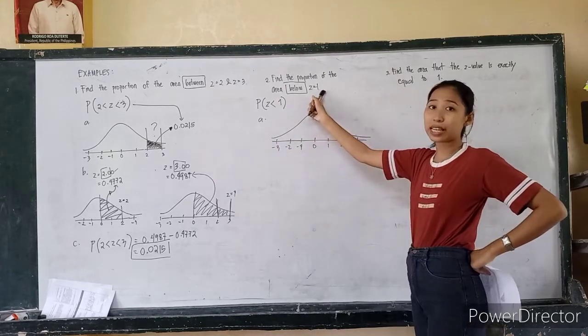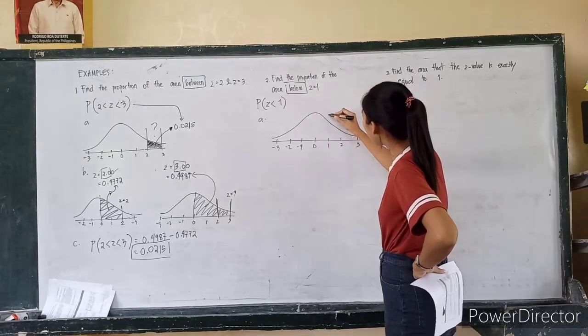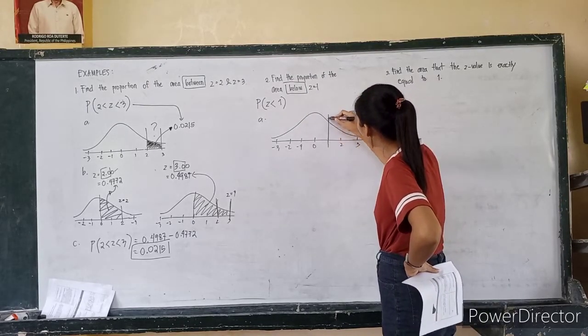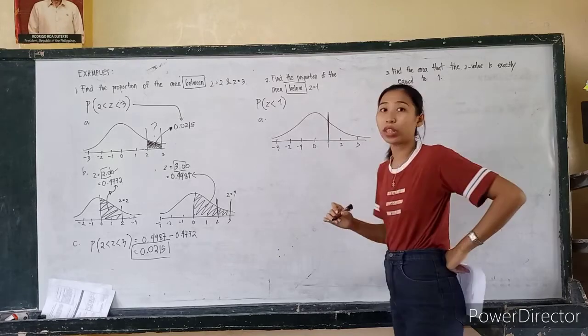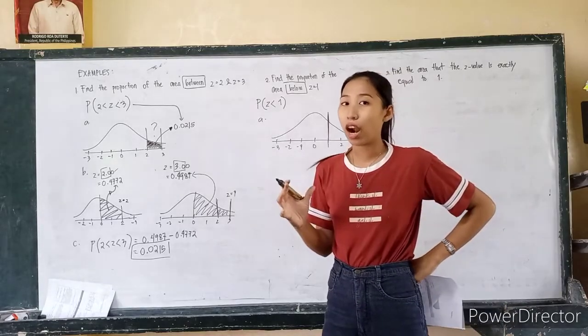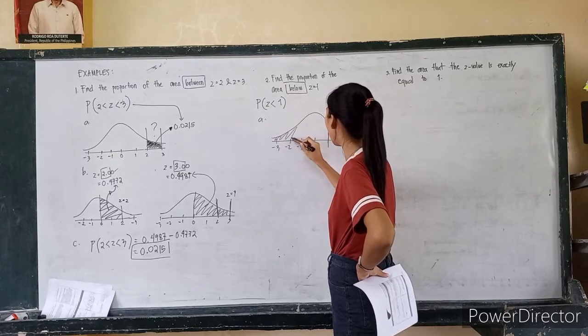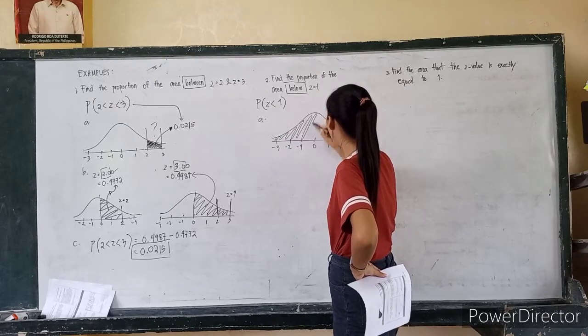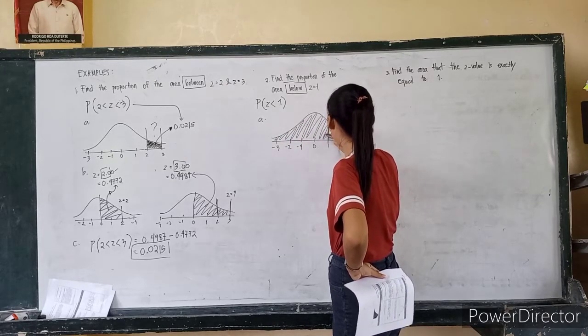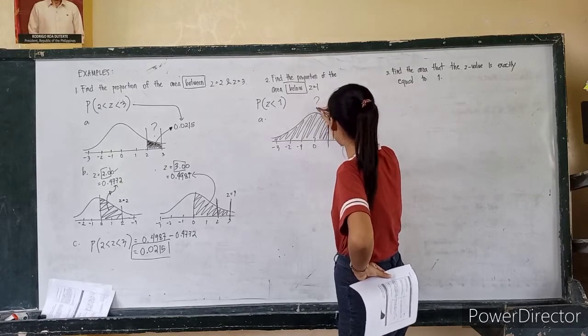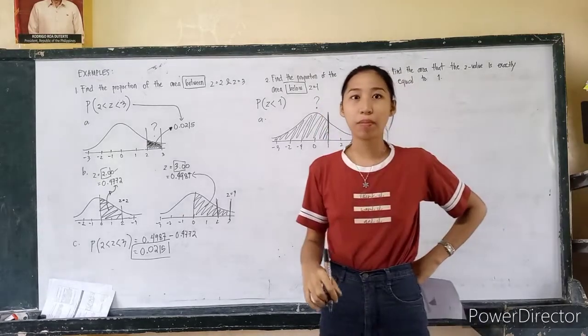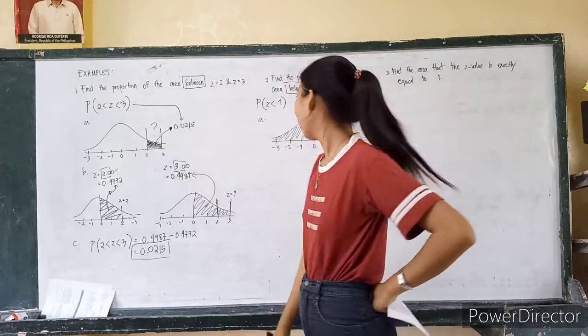Where does Z is equal to 1 fit? This is Z is equal to 1. Which area are we looking for? We are looking for this entire area right here. Okay?